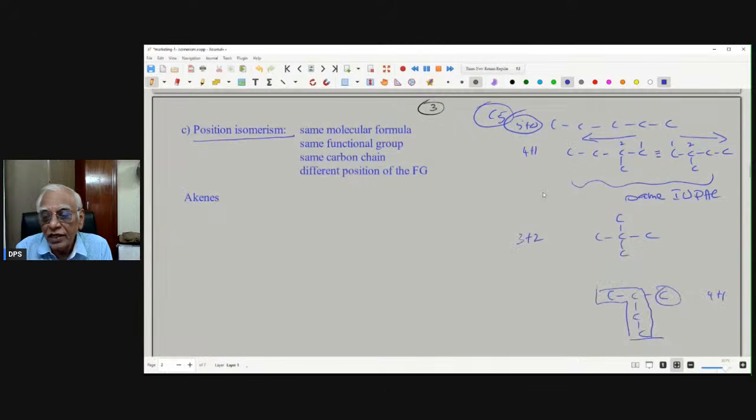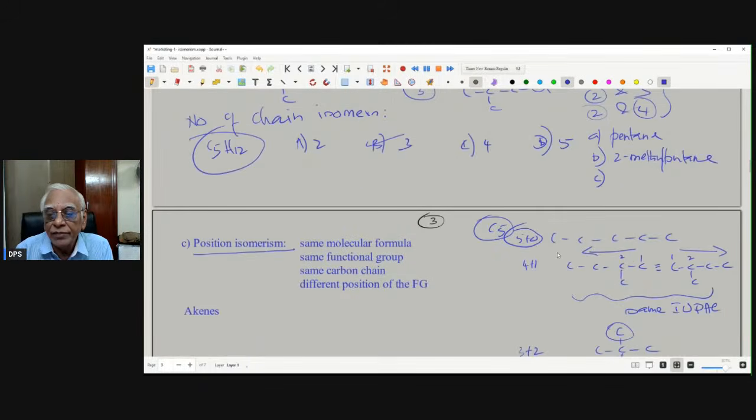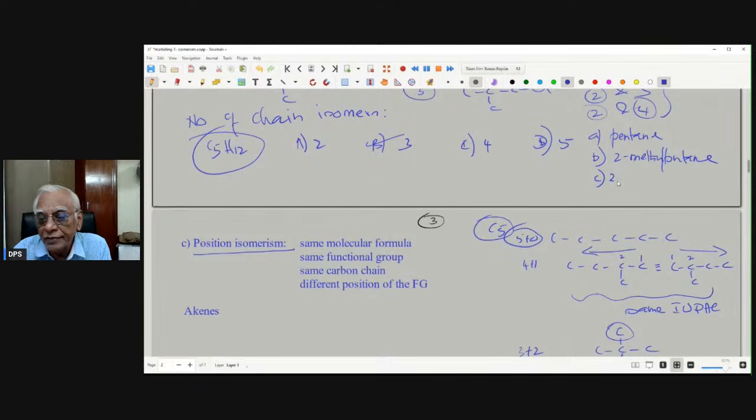See here, there are 2 methyl groups. Dimethyl, and the number should be written for each of the carbon atoms: 2, 2. For each methyl group, we have to write the number. This is the number of the second carbon atom for 1 methyl, and this is the number for the second methyl group. How many methyl groups? Multiplicity factor, dimethyl.